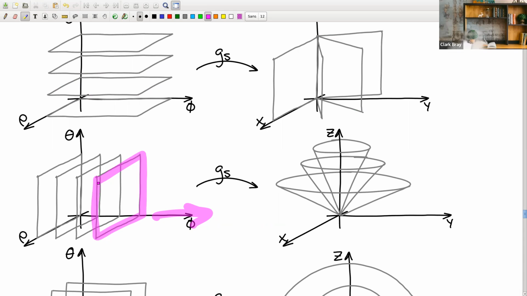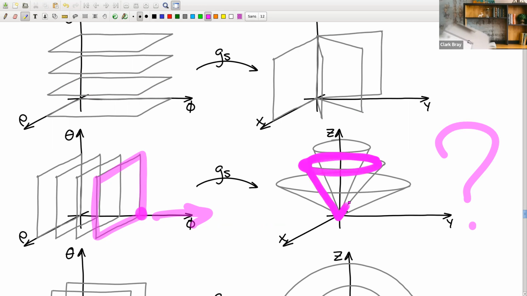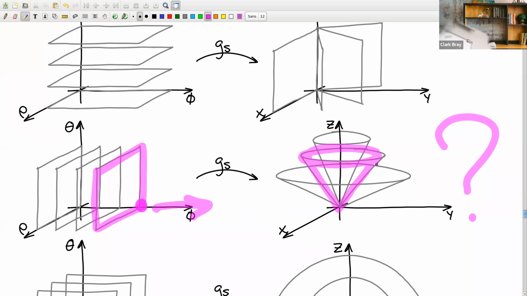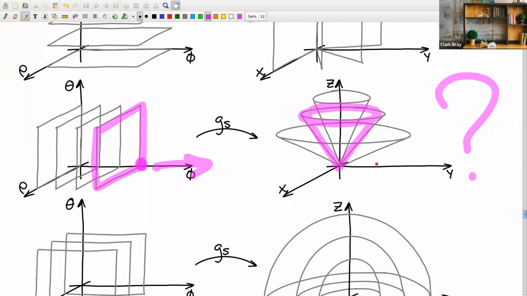What happens when you fix a value of phi? You know, looking in the XYZ world, if phi is a fixed constant, what do you get? Well, you get a cone, right? Now, it's just a geometric appeal, but that's what happens when you fix a value of phi.